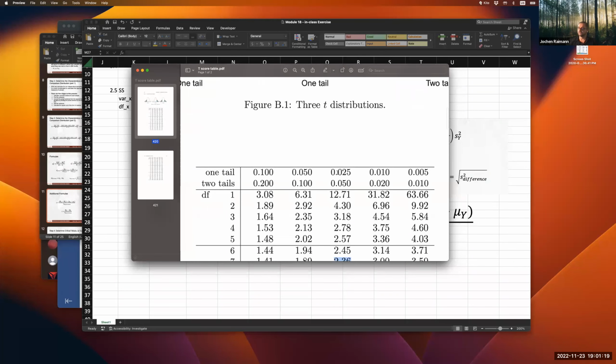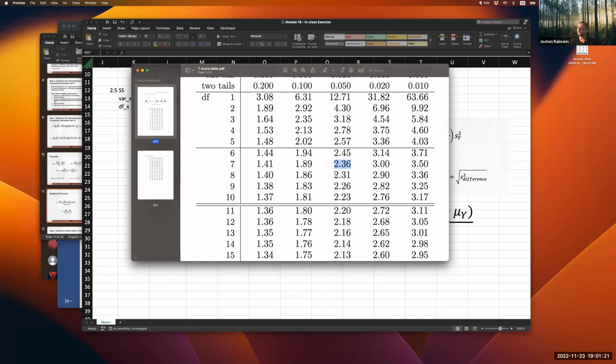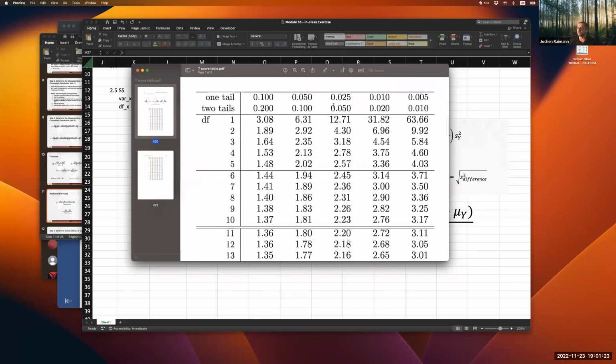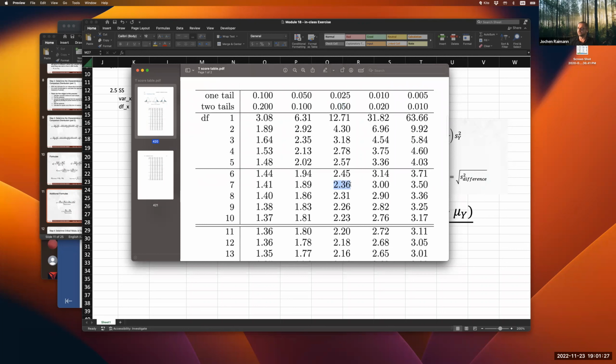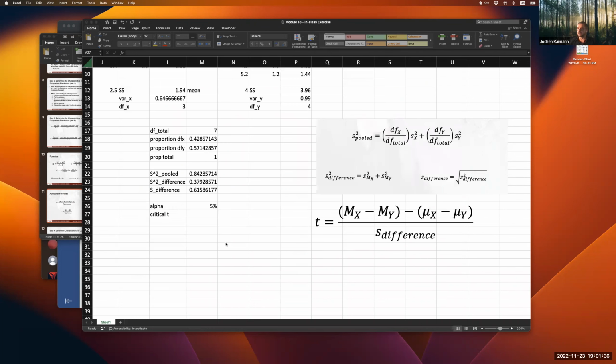We know that if we are looking at a p-value of 5%, with a degree of freedom of 7, we have a critical t of 2.36. So 2.36 essentially is our critical t.